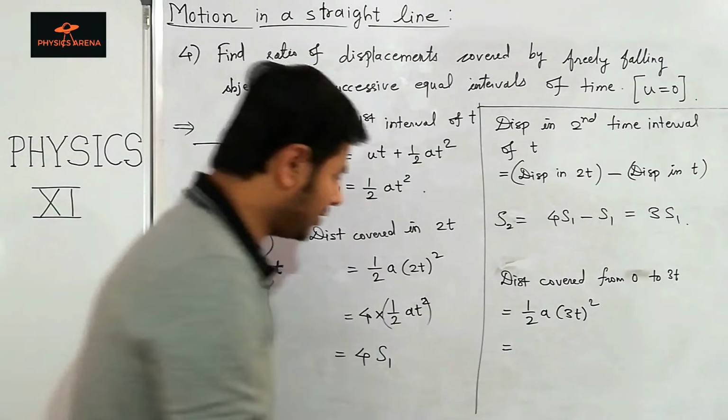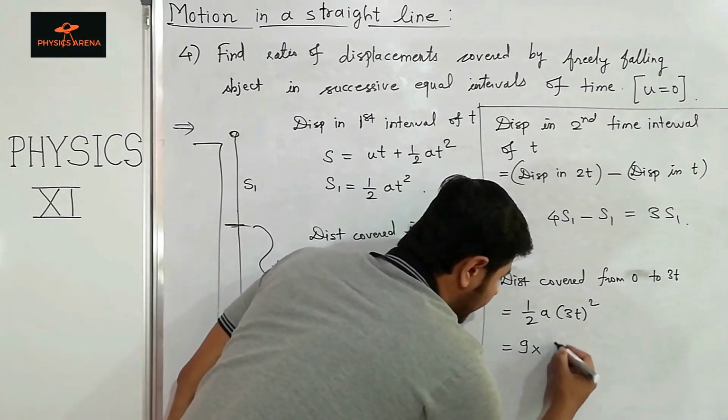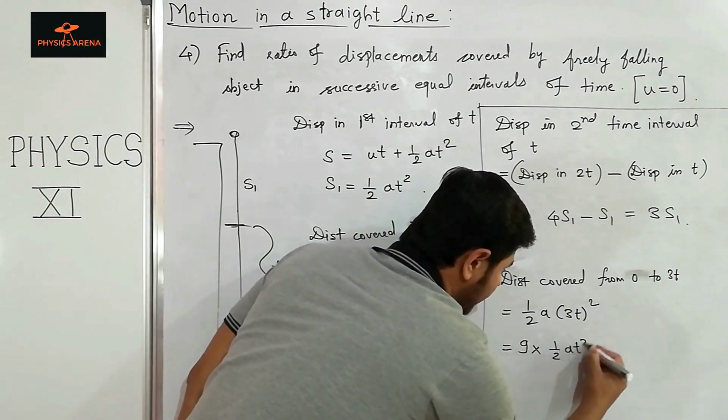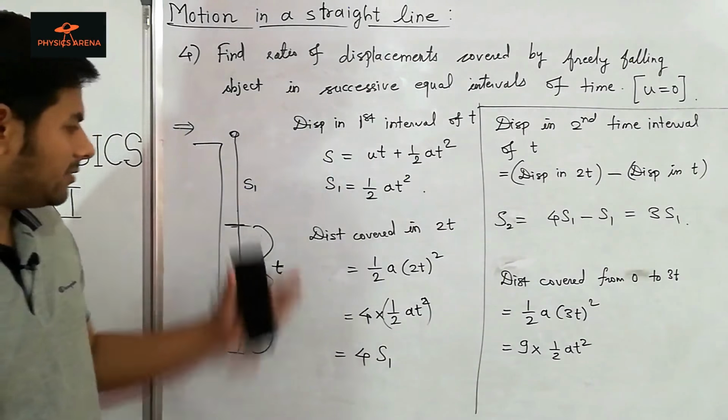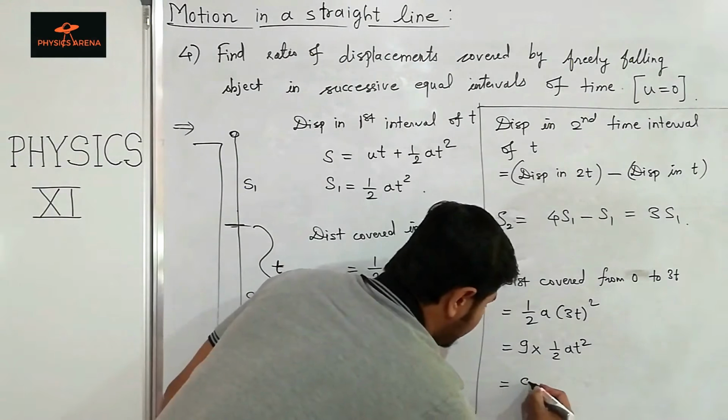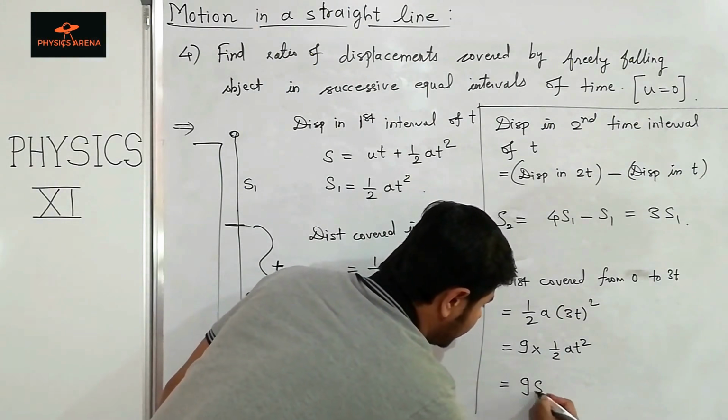I will take 9 on this side, and write this as 9 into half of at squared, and we know half at squared is s1, so this is 9 times s1.